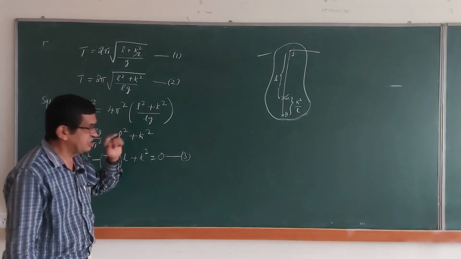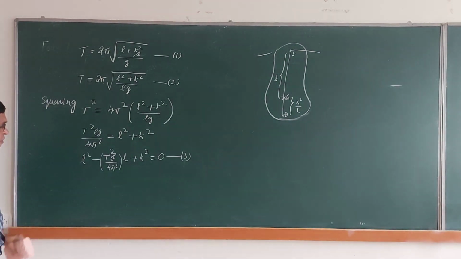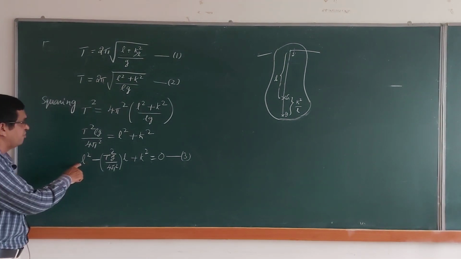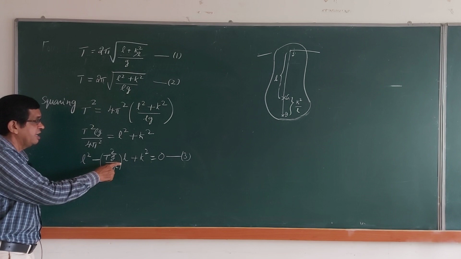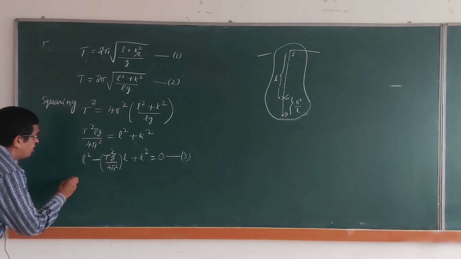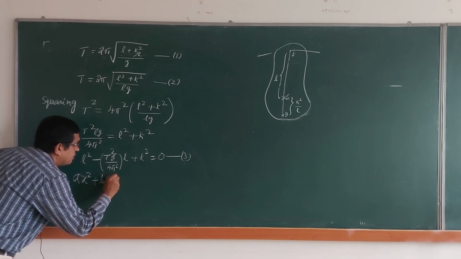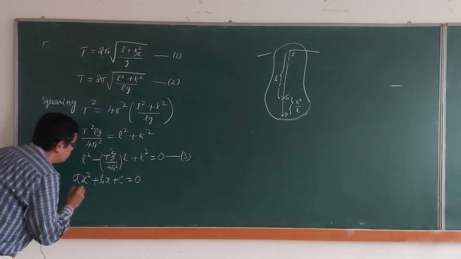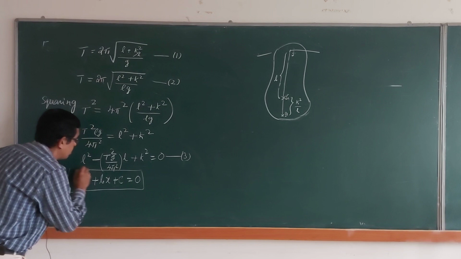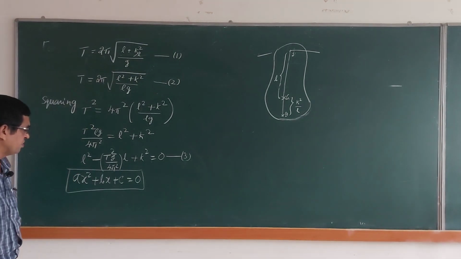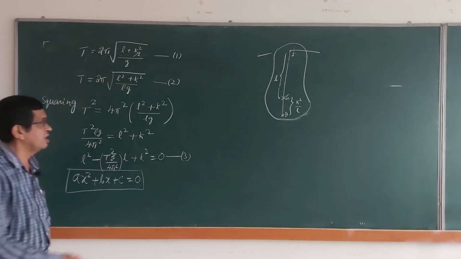Now, if you observe this equation, this is a quadratic equation in L, of the form ax square plus bx plus c equal to 0, the well-known quadratic equation. Now, what are the two roots of this equation?